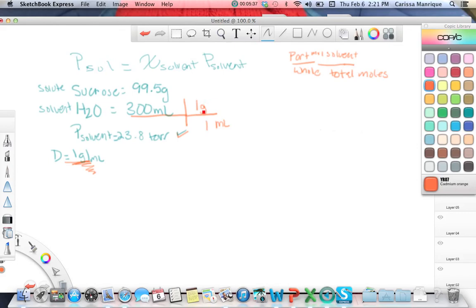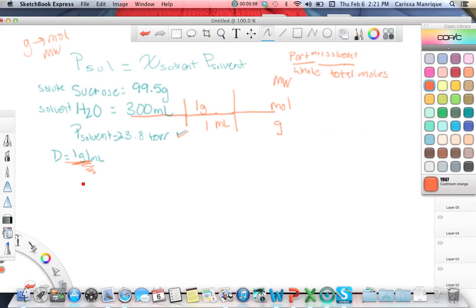1 gram, but do I want grams? No, I want moles. To go to a mole, you put the gram at the bottom to cancel out and moles on top, so you use the molecular weight. Anytime you go from a gram to a mole, always use molecular weight.